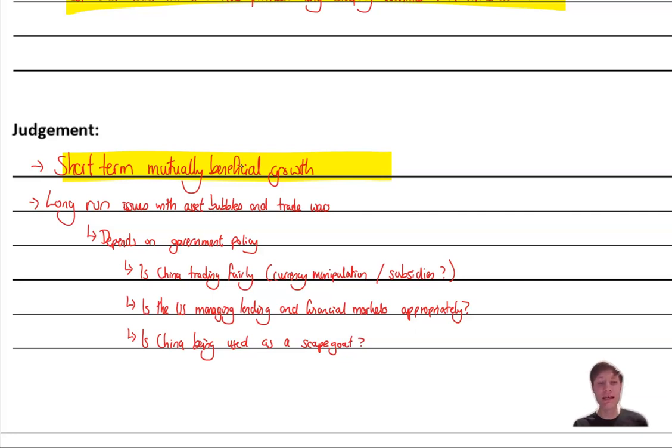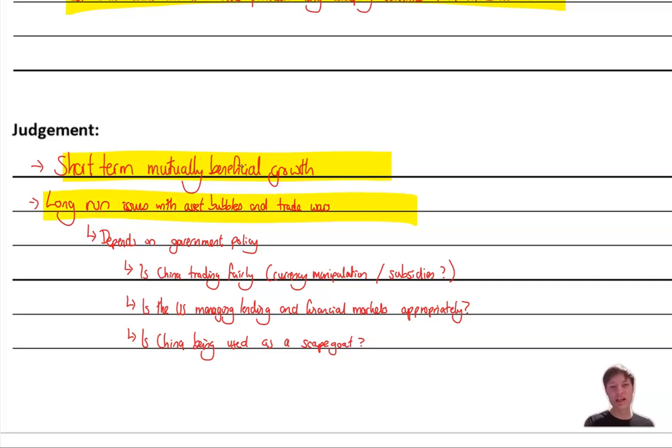We can see that the financial account surplus for the US is driving US investment, it's driving US asset prices, and it's making US consumers happy. They can buy a lot of imports, and therefore it's a mutually beneficial relationship, and there are lots of synergies there. There was a program not long ago talking about Chimerica and the way in which they are interdependent with each other and mutually beneficial growth there.